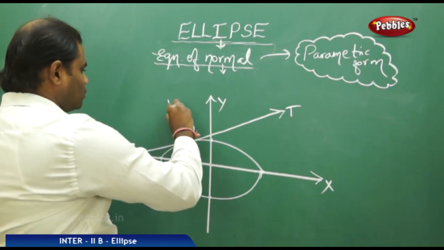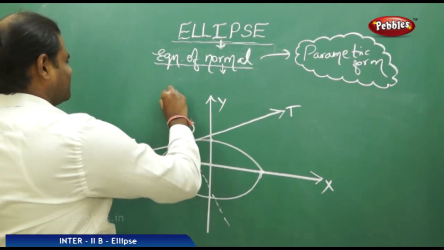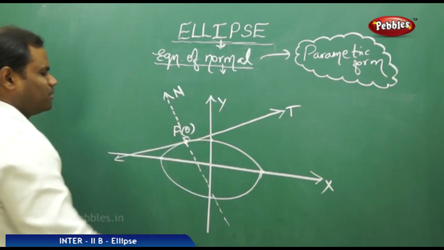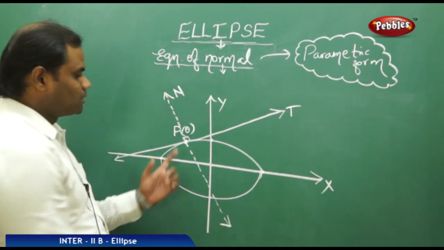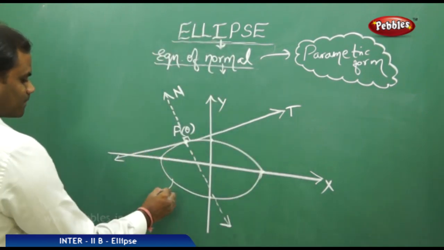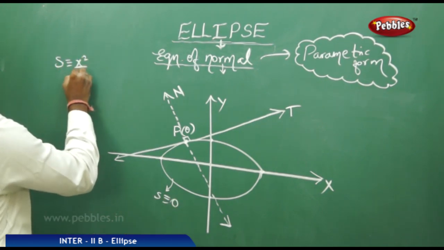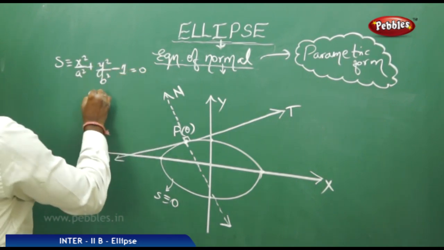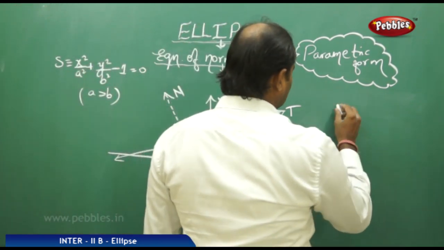Then clearly the normal is a line which is perpendicular to this at this point P of theta. Now we have to find the equation of this normal using the parametric point P of theta, which is possible by taking the equation of the ellipse as S equal to 0, that is, x squared by a squared plus y squared by b squared minus 1 equal to 0, and of course a is greater than b. So let's see how we can get the equation of the normal.